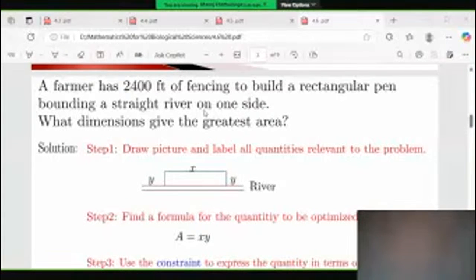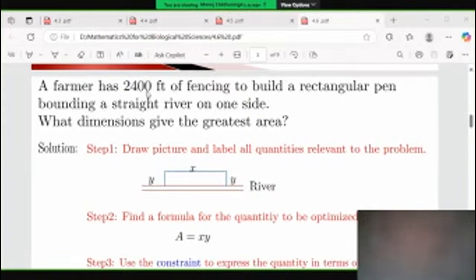So he has this farmland, and at the end of his farmland he has a river. Now he wants to build a fence covering his farmland, maybe to protect from animals. He only has material for 2,400 feet.